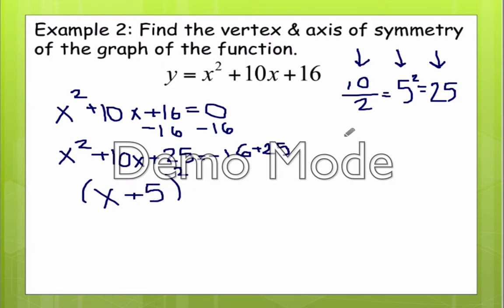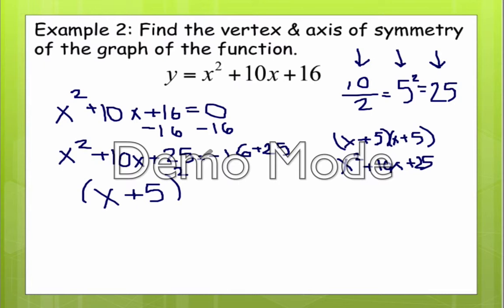Now, I wouldn't want you to do this, but I'm just going to show you quickly why x plus 5 quantity squared gives you back this. That's because when you FOIL it out, you get x squared plus 5x plus 5x, which is 10x, plus 25. So you can see that x plus 5 quantity squared is a perfect square trinomial. It gives you back x squared plus 10x plus 25.